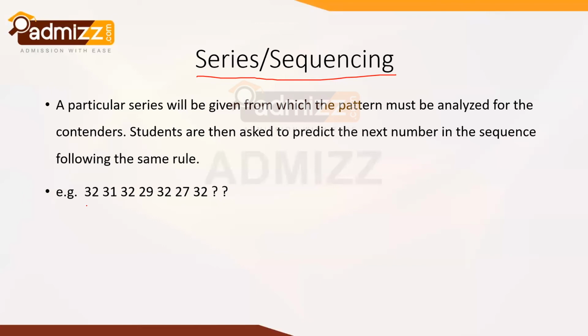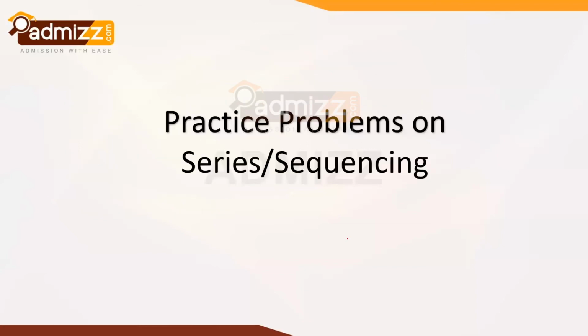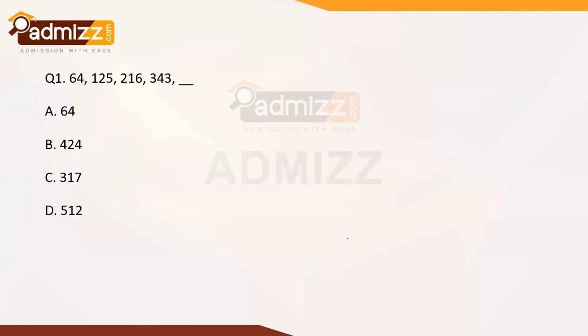So you'll be given a particular series such as this, and you'll basically have to find the follow-up for the numbers in these cases, right? So with that said, we'll be directly moving on to practice problems. So take a look at this. I'll be waiting for a few seconds to get some engagement from the chat, right?